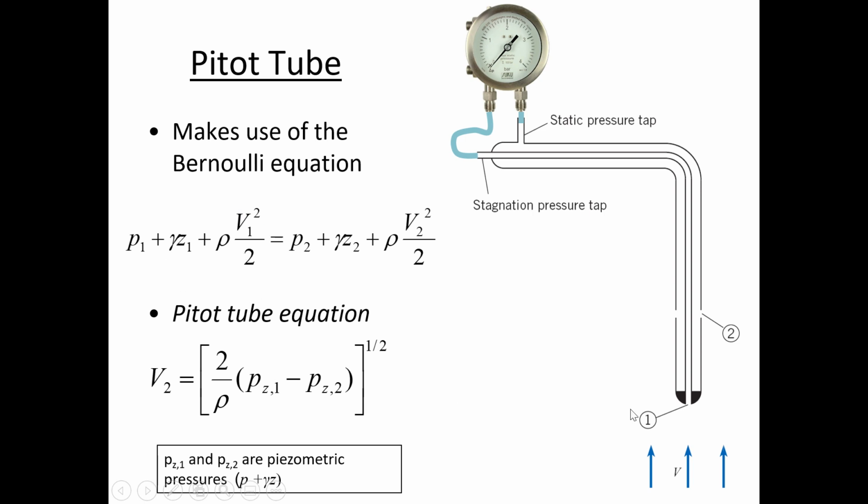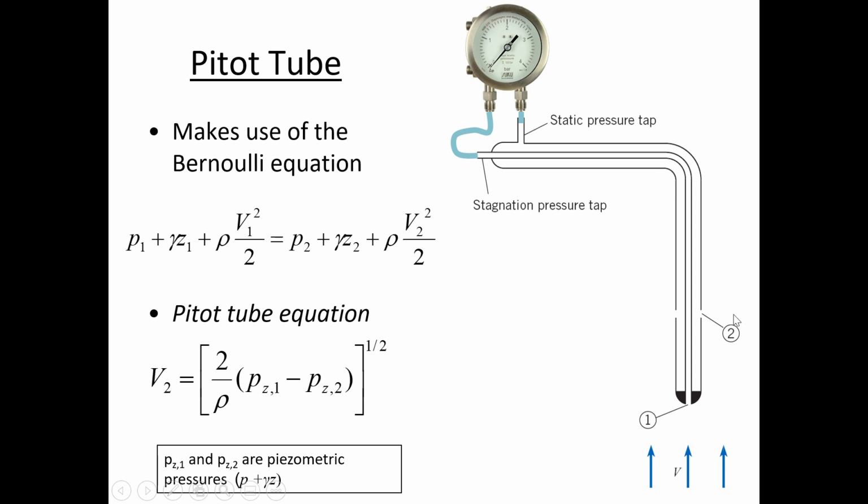But the piezometric pressure difference at 1 and 2 can tell you what's the velocity at location 2. So any change in pressure that occurs is because of the stagnation. And the stagnation is a representation of how large the velocity is.